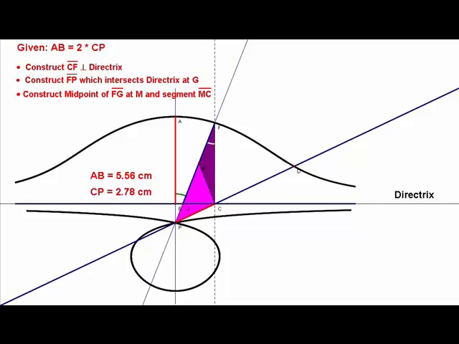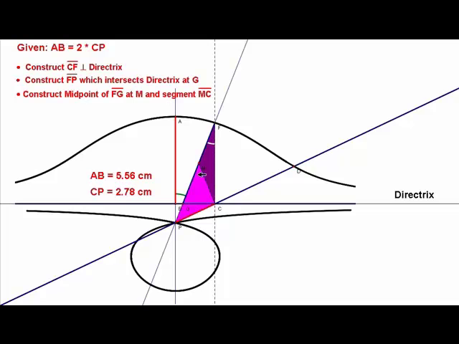Thus, the alternate interior angles are equal, and we also know that this angle in the pink isosceles triangle is an exterior angle, and an exterior angle is equal to the sum of the two remote interior angles. Because in this case the remote interior angles are of an isosceles triangle, they're the same. So we know that this angle CMG is exactly twice the angle CFM.